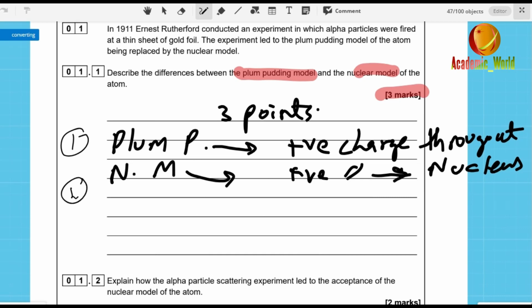you can write here is that the plum pudding model has electrons embedded in the sphere. Like the plum pudding model has electrons embedded in the sphere.